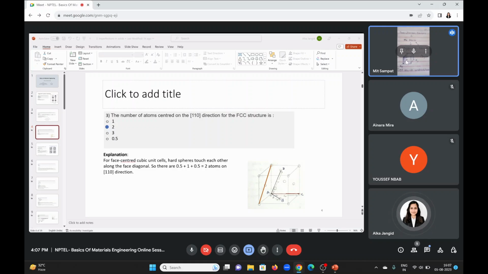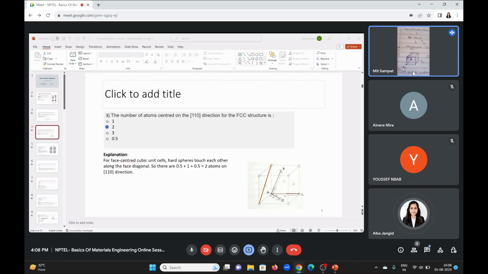For Y, it is cutting at 0; here it is the origin. So will it be 0, 1 here? I was unable to understand the indices for this plane, and this plane as well.